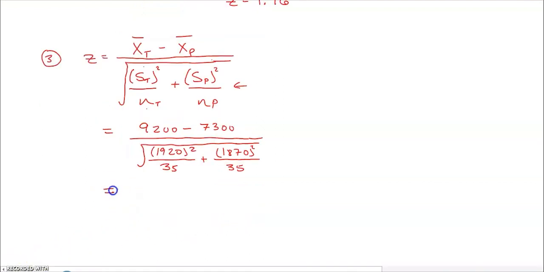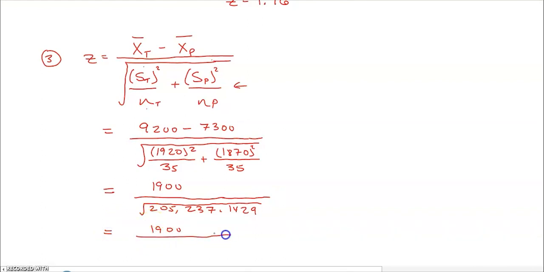This then gave me a value of 1900 on top, divided by all under the square root sign, getting us 1900 divided by 453.03106.